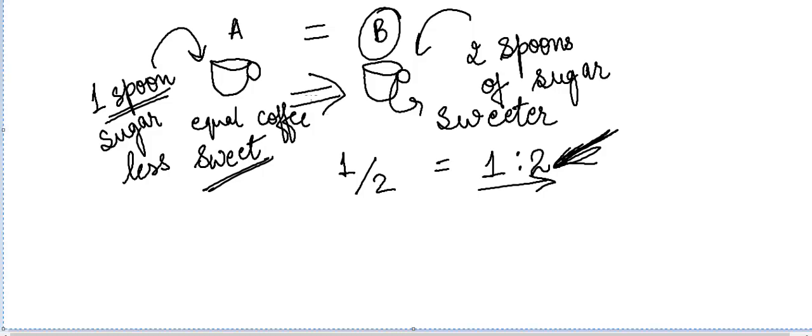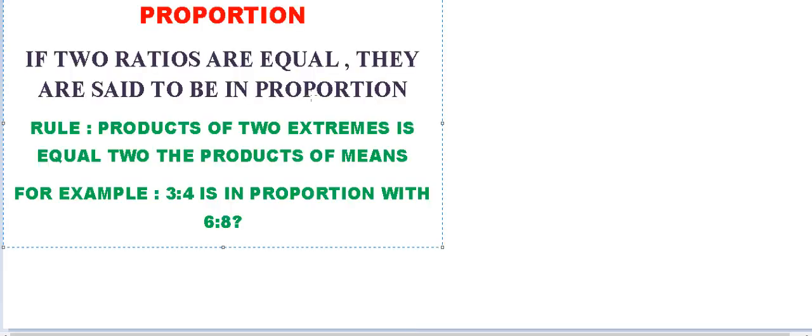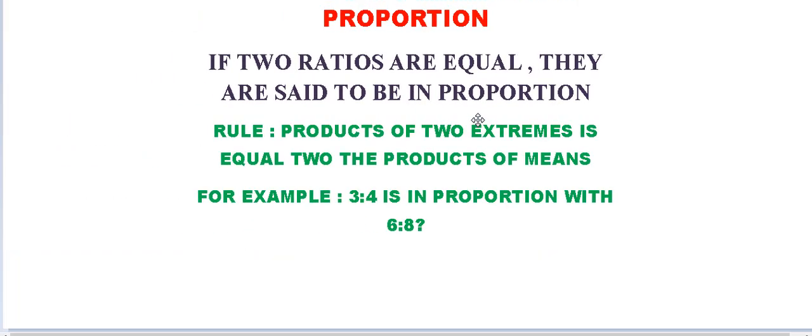Now comes the next topic, which is a very important topic. It is proportion. What is basically a proportion? Proportion is a part of ratio, that is, it is an extension of ratio. If the two ratios given to us are equal, they are in proportion.